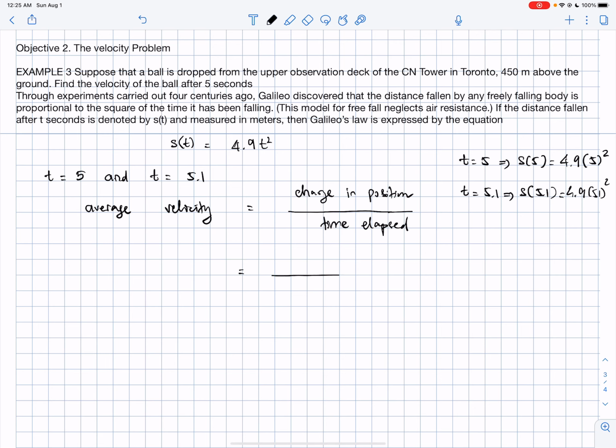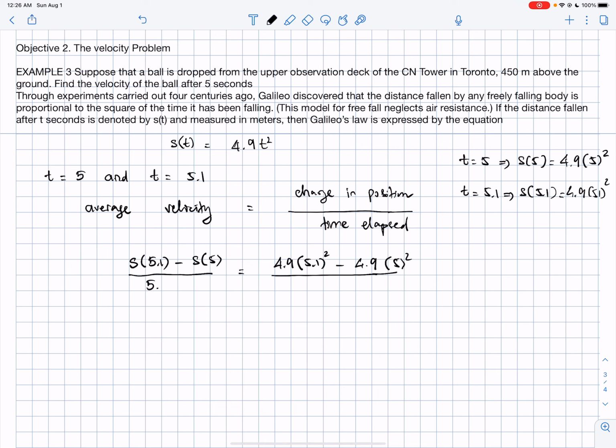So the change in position will be 4.9 times 5.1 squared minus 4.9 times 5 squared. What we are doing is taking the distance at 5.1 minus the distance at 5, and then we divide by the difference of the time.